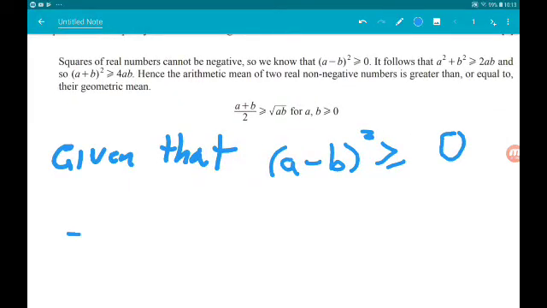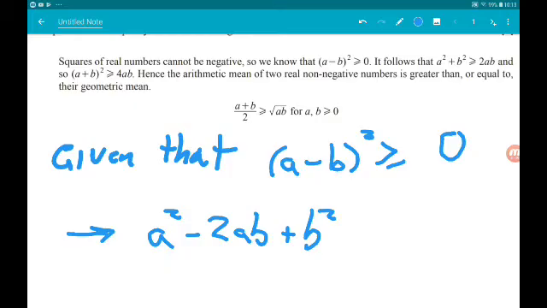We get a squared minus 2ab plus b squared is greater than or equal to 0.